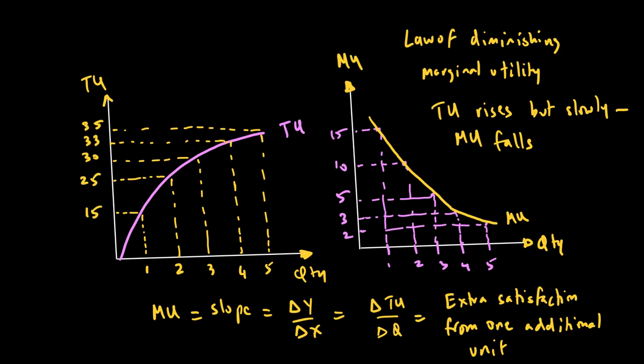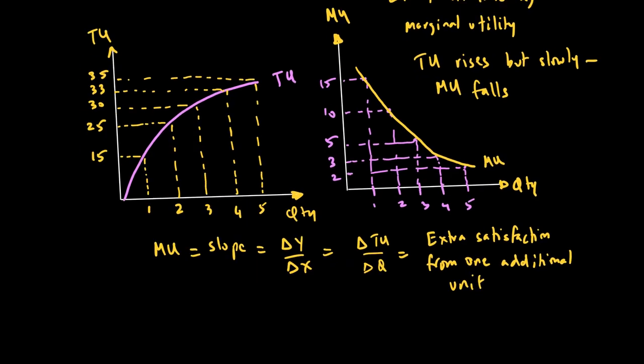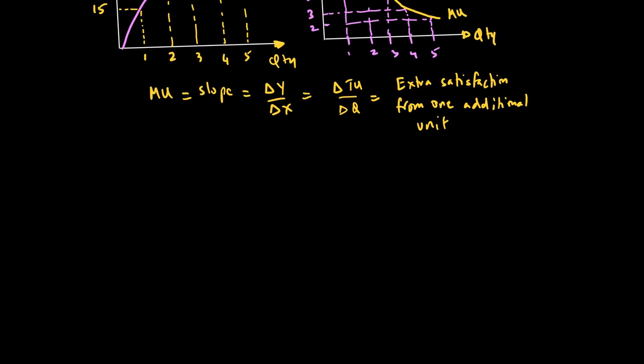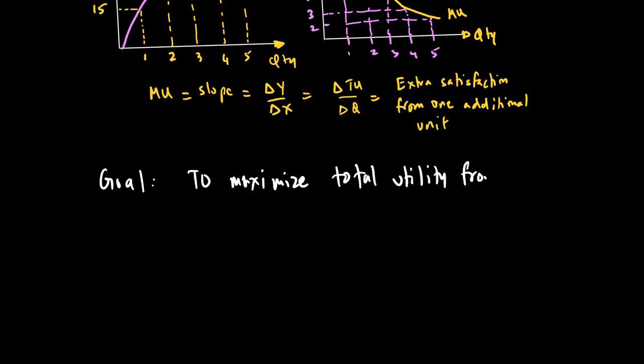The next thing we want to know is, what's the usefulness of the utility theory? Why do we care about knowing our utility or satisfaction? The reason is that a consumer has a particular goal, and that goal is to maximize total utility, or total satisfaction, from a given level of income.